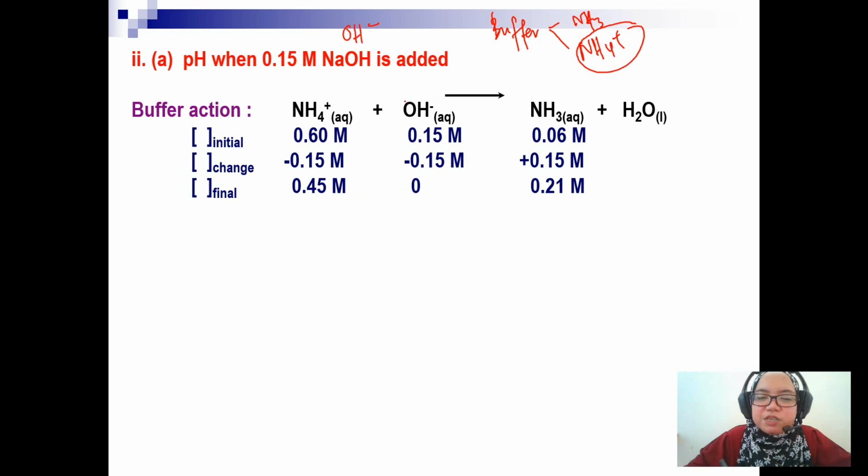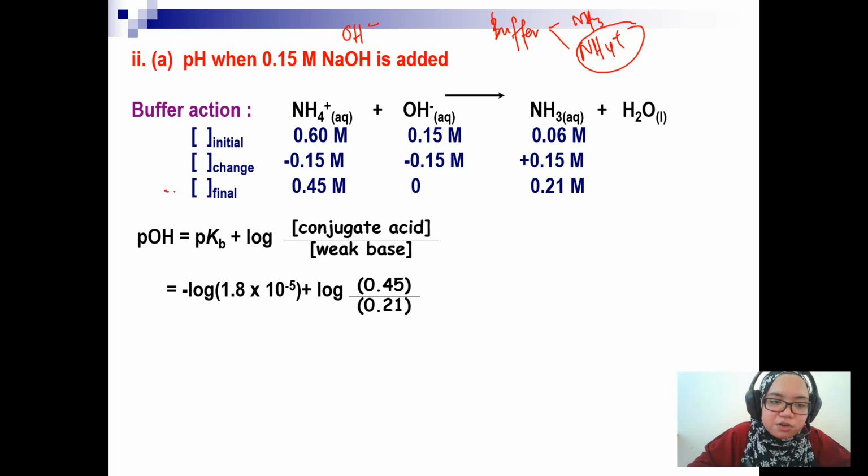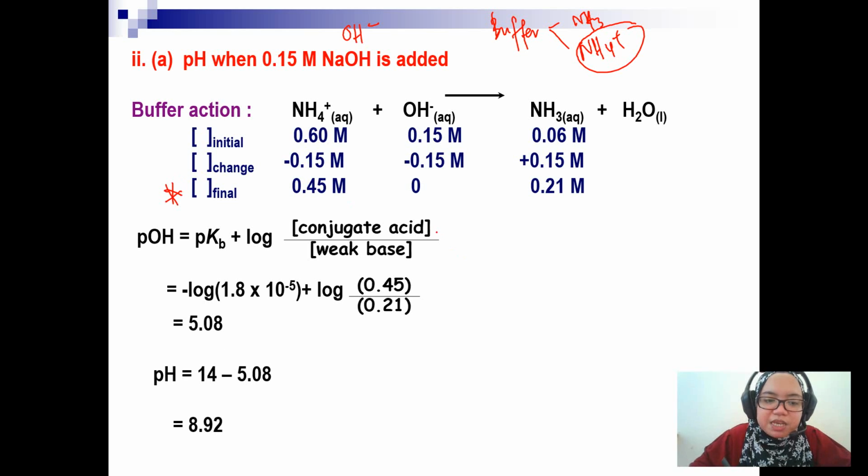And concentration of OH minus dah tak ada, kosong, dah fully reacted by the NH4 plus, and then NH3 punya concentration akan increases. Okay, so now we can find the pOH by substitute all the values from the final punya concentration into the Henderson-Hasselbalch equation to find the pOH sebab ni base kan, of 5.08. So you can find the pH by minus the 14 minus dengan pOH, you will get the pH is 8.92.